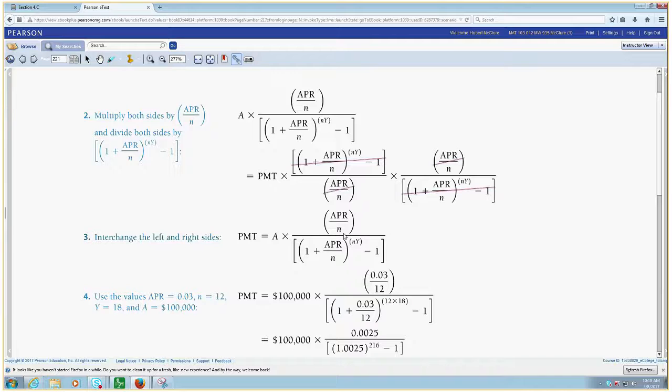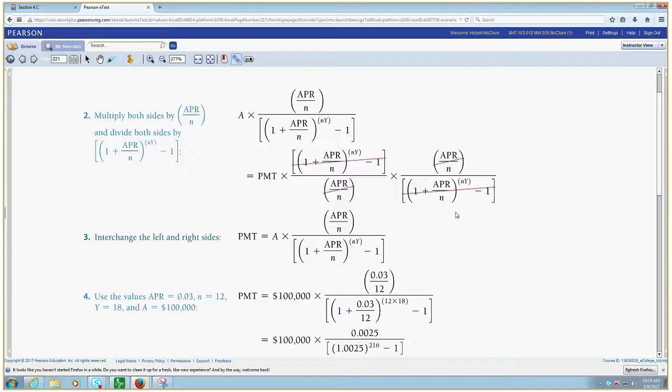The question they're going to ask you is, you want to have $50,000 in your retirement by the time you get to be 25 years old, or 25 years from now. What's the monthly payment you need to get $50,000 in there? And that's what this is. So you need to write that down.